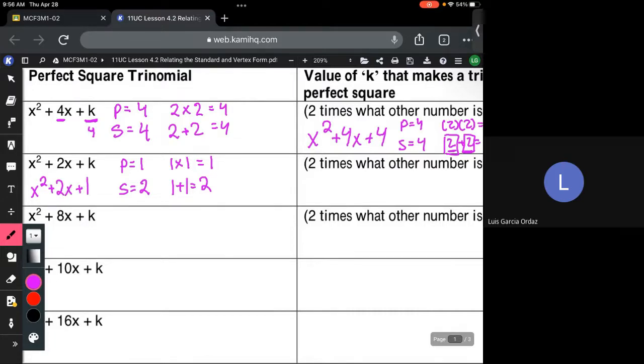If I were to factor that, how would my brackets look? Olivia? Well, hold on. What numbers did we use? Oh, sorry, so we're going to get x plus 1. Yep, exactly, or x plus 1 to the power of 2.